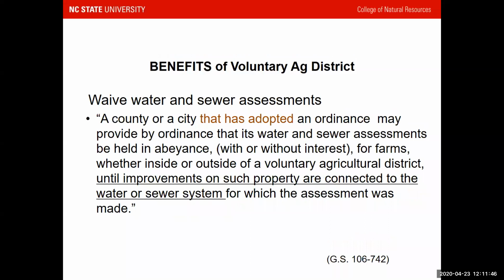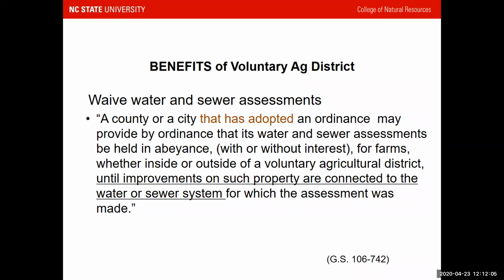The most important one for most of our farm producers is if they're in between the town and future development, oftentimes a sewer or water lines have been placed up to and beyond their farm.